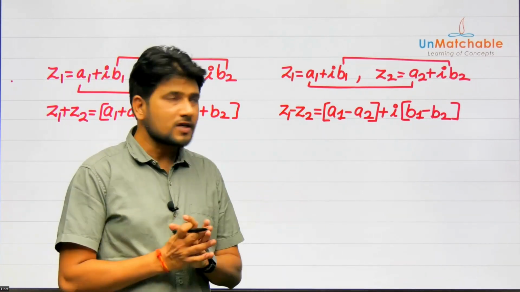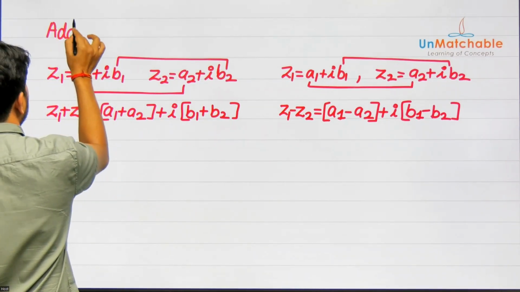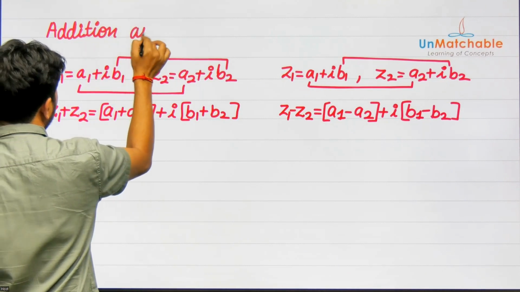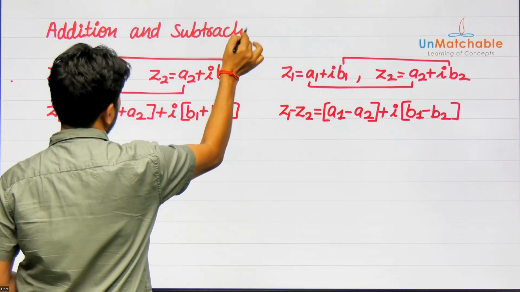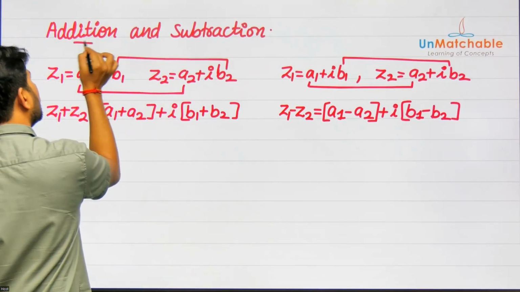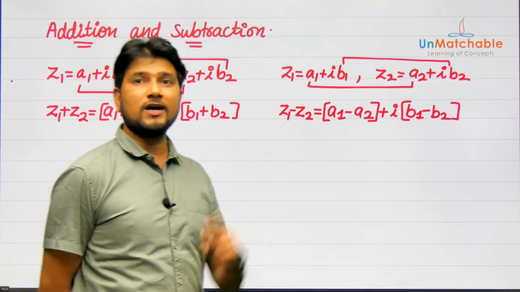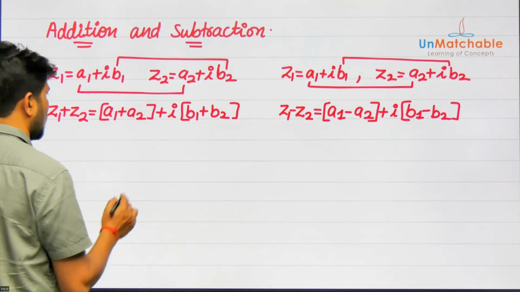Simple enough. So keep this in mind that addition and subtraction, my dear friends, is going to be convenient only when you express the complex numbers in the normal, simple, first basic form.